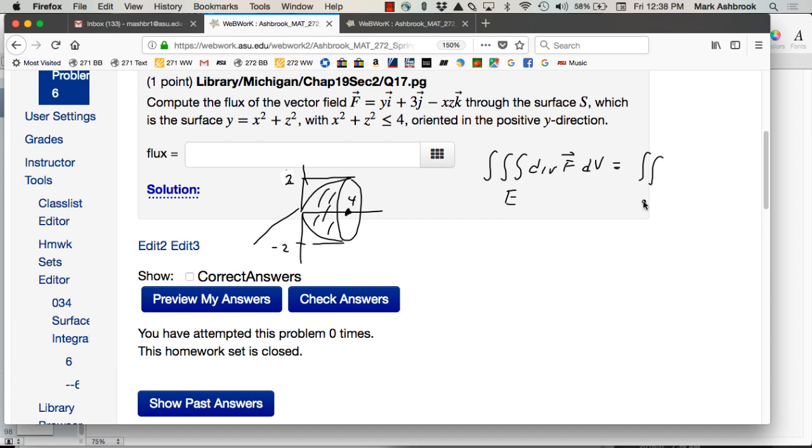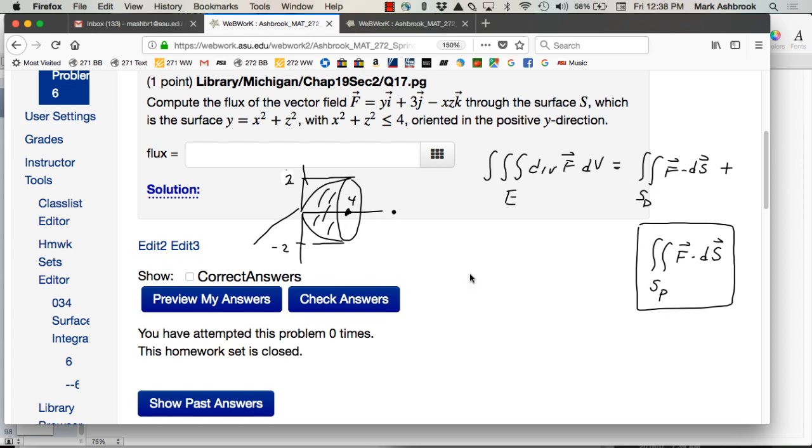So it'd be S for the disk, f dot dS, plus S for the paraboloid, f dot dS. Does everyone see that? To get the whole surface integral for that solid would be the two of these. And what's the problem asking for? Just the one, just the paraboloid. So we could use the divergence theorem by taking the triple integral and subtracting hopefully an easier surface integral, which would just be this vertical disk here.